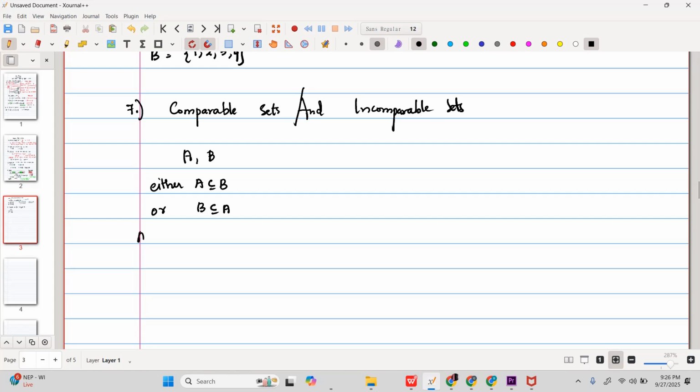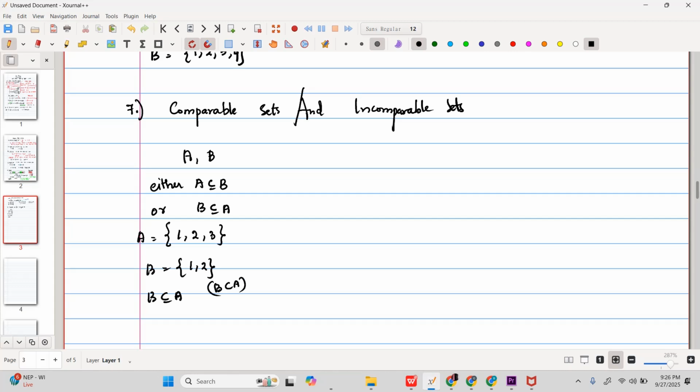For example, if A is equal to 1, 2, 3 and B is equal to 1, 2, then we can say that B is a subset of A, and moreover that B is a proper subset also.